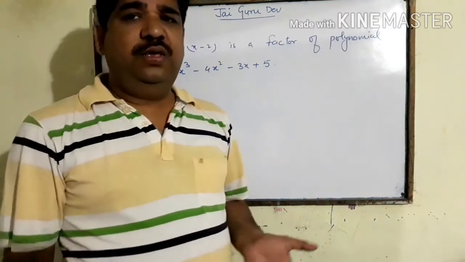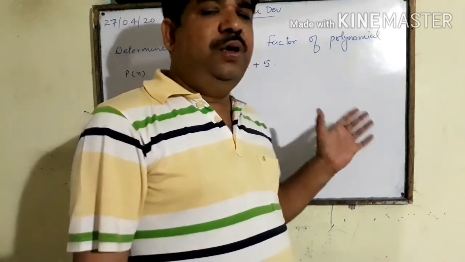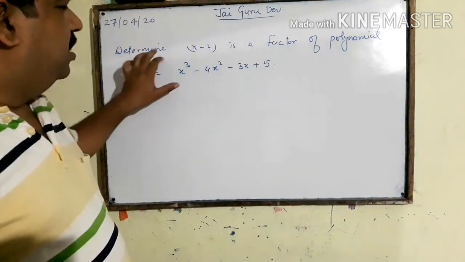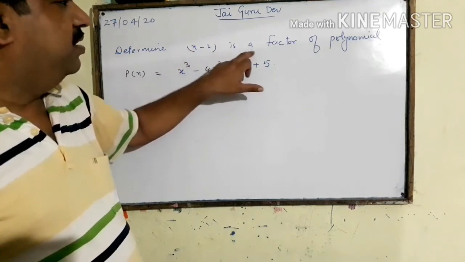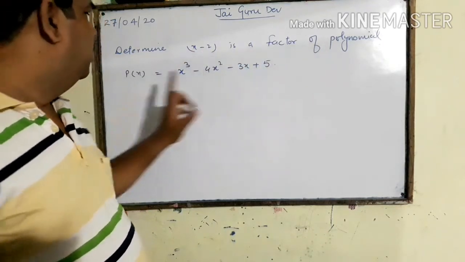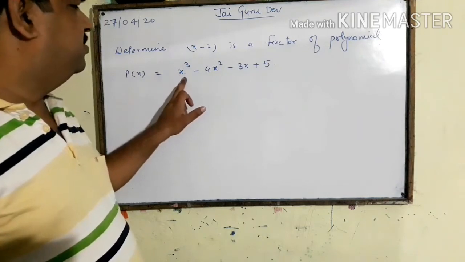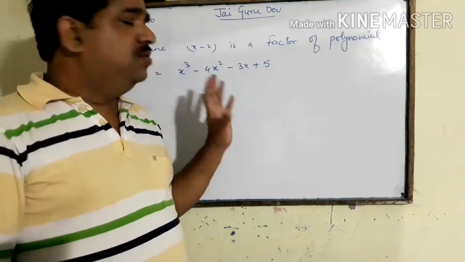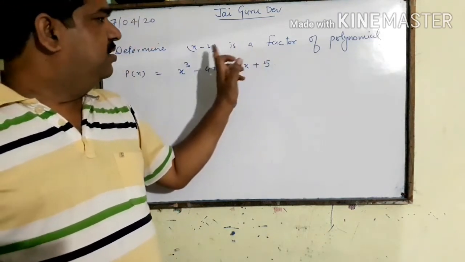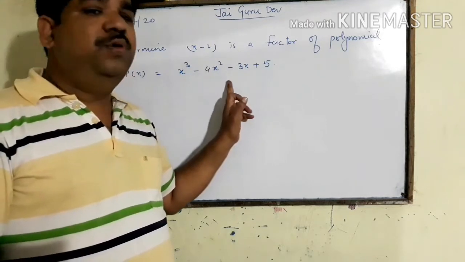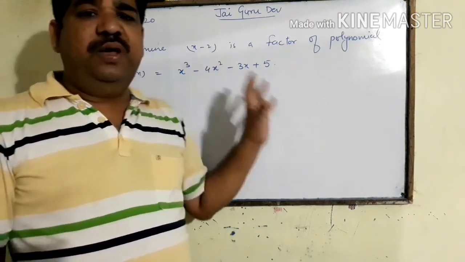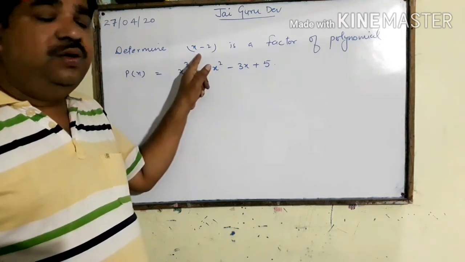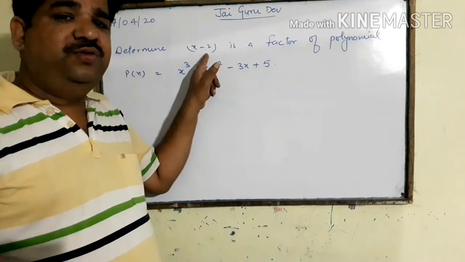For using this theorem, suppose we have a problem like this: determine whether x minus 2 is a factor of the polynomial p(x) equals x cubed minus 4x squared minus 3x plus 5. To determine this, we divide the polynomial p(x) by x minus 2.